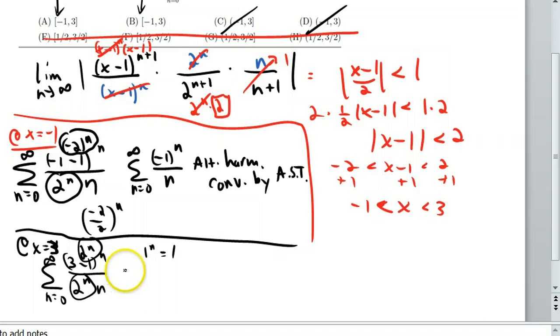So we end up with 1 over n, our harmonic series.